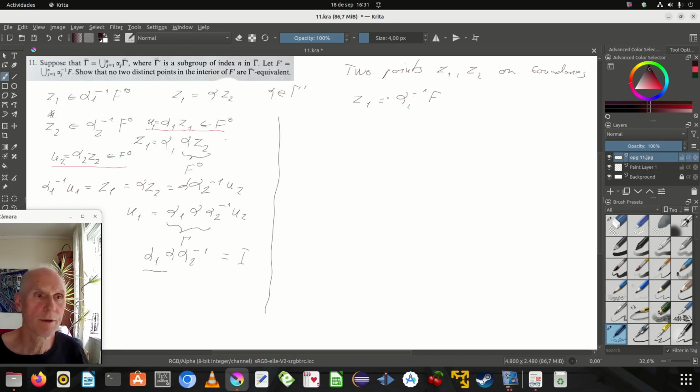So alpha i, alpha j, alpha k, alpha l to the minus first, and these two generate distinct side classes, and these two do as well.